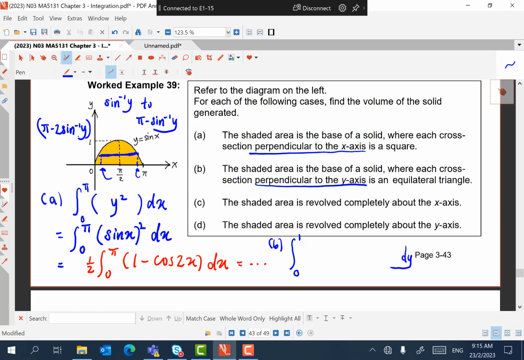Let me ask you again. If you know the length of one side of this triangle, to find the area of that triangle, how do you go about it? Half a b sine what? Sine 60.